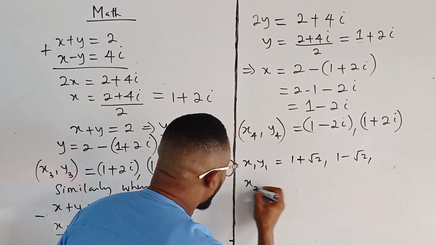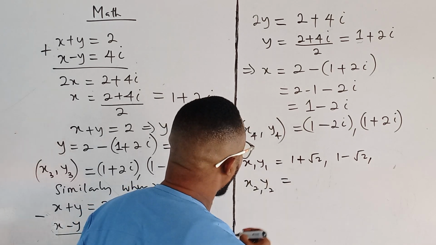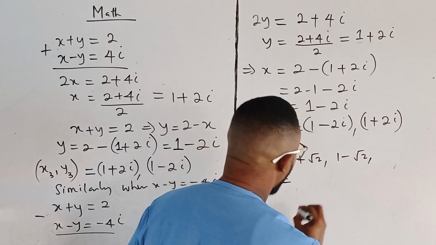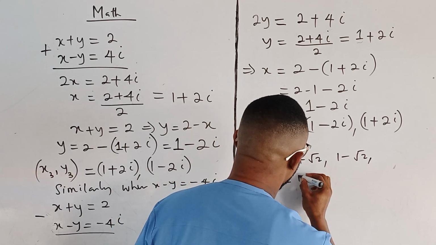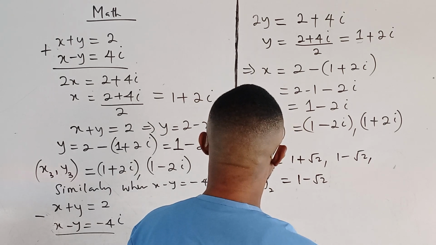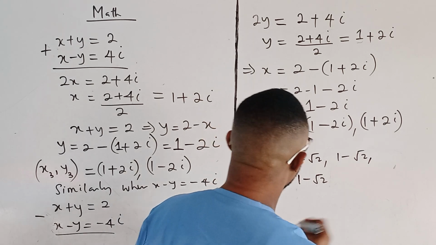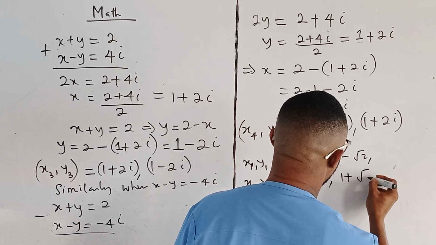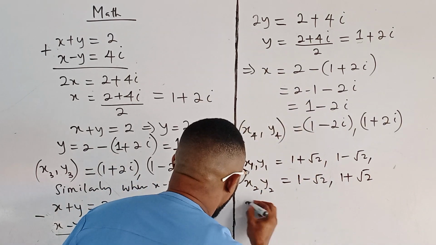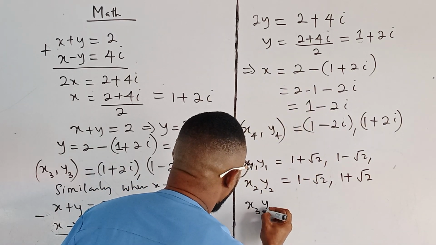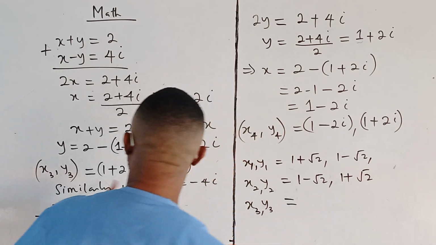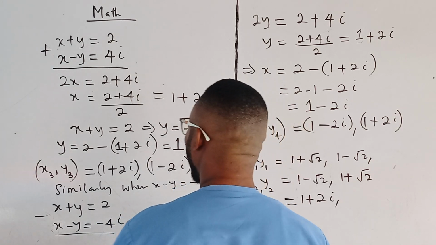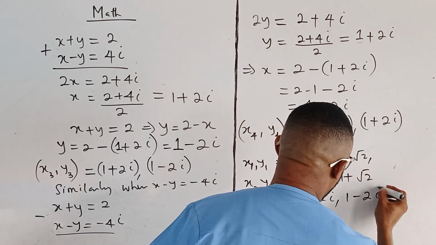Then s2, y2 is 1 minus rad 2, and y will be 1 plus rad 2. Then s3, y3: the first solution for s is 1 plus 2 iota, comma, then 1 minus 2 iota.